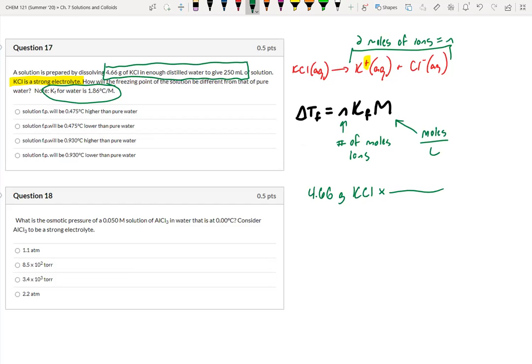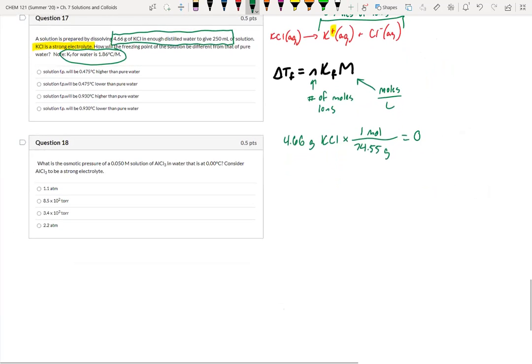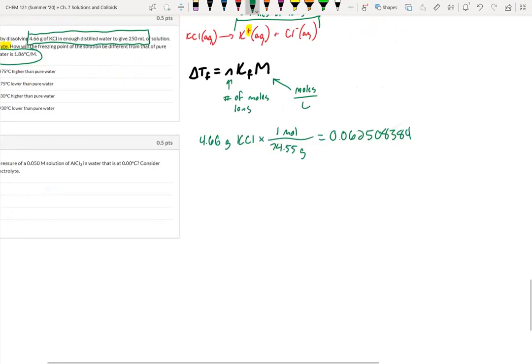So in this case, I know that there's going to be 74.55 grams for every 1 mole. And we can just plug this in, and I'm getting 0.062508384. I'm just going to include all the digits for now.